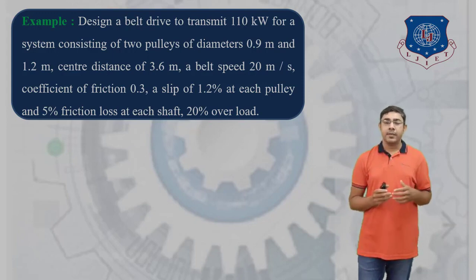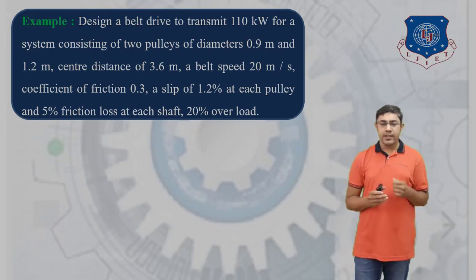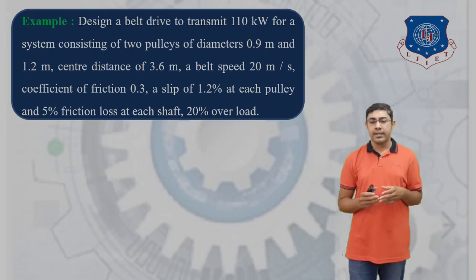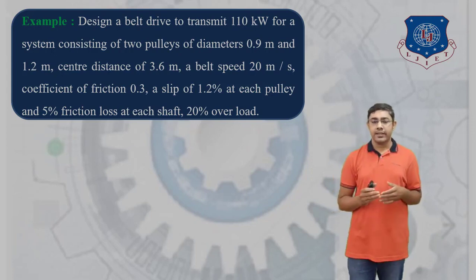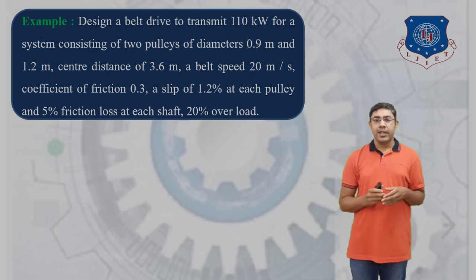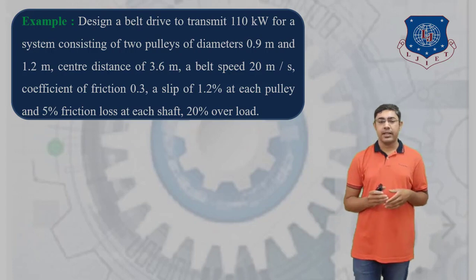The power transmitted by the belt is 110 kilowatt. The center distance of 3.6 meters is given, so x is 3.6 meters. The belt speed is 20 meter per second. Here v is the belt speed, given as 20 meter per second.